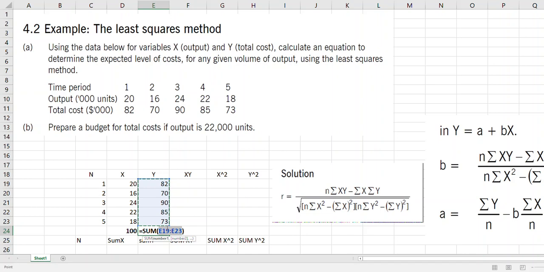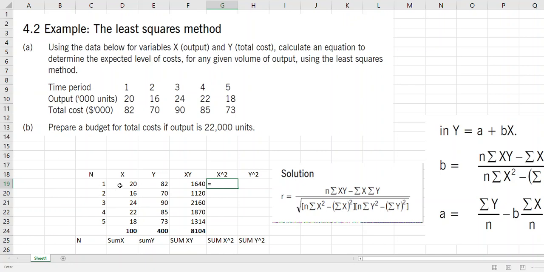And then sum this one. This becomes sum of y. Next thing I need to do is take x, multiply by y. And then I will do it for all. And then when I sum it, it becomes sum of x into y.